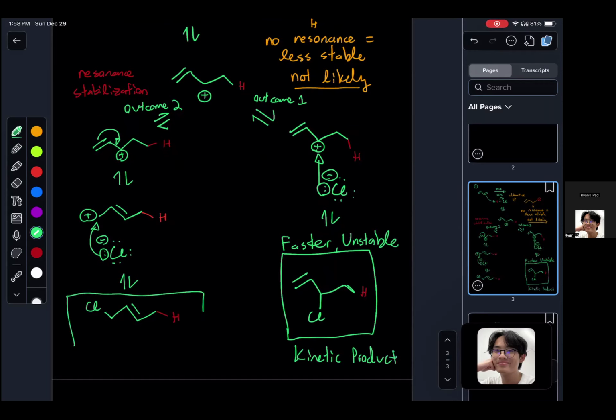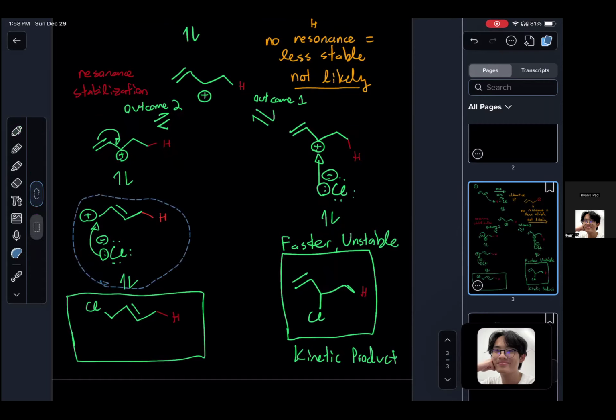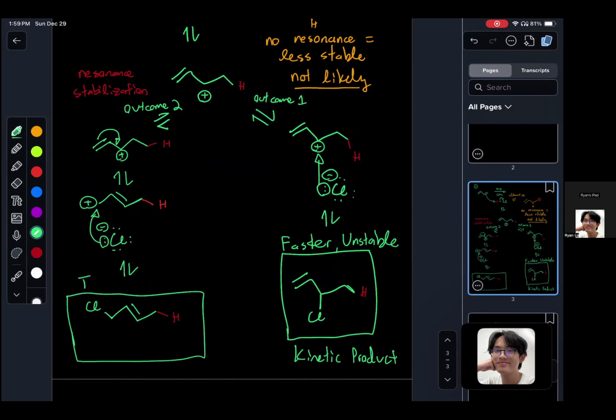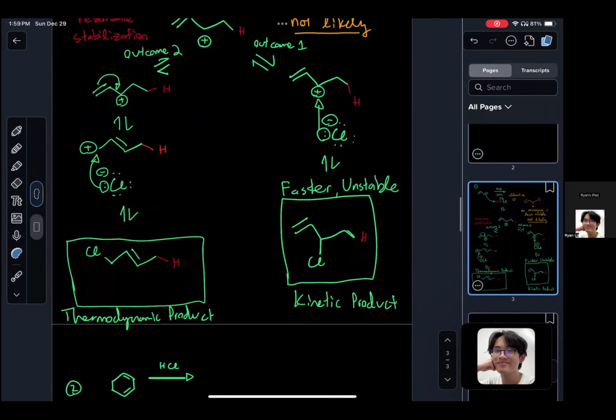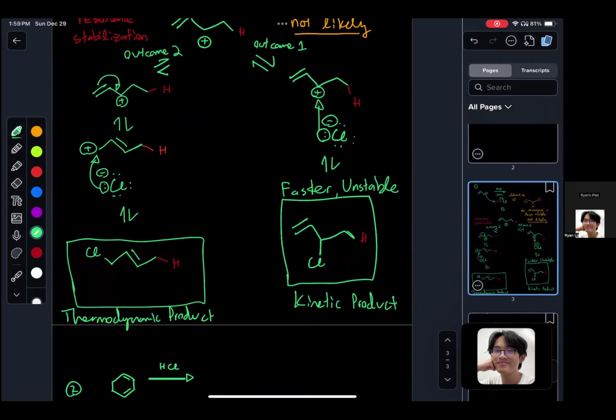This guy over here is called the thermodynamic product. It's slower, but more stable. Slower to form, but more stable.